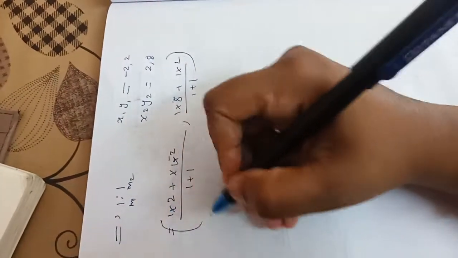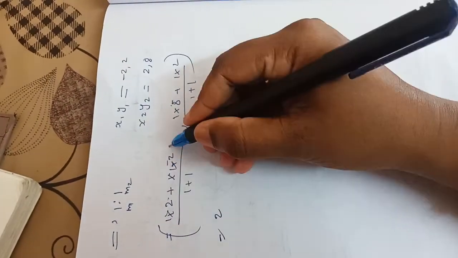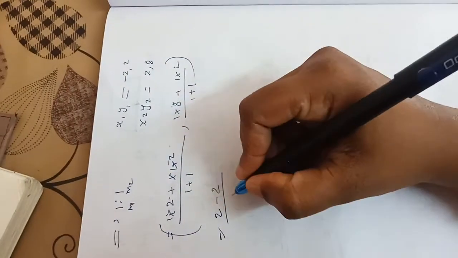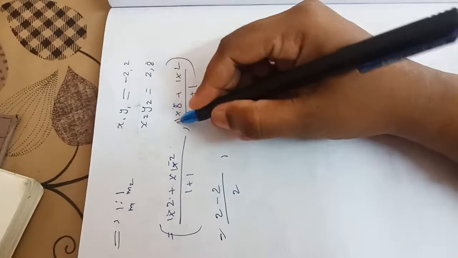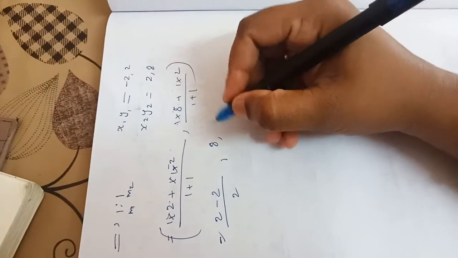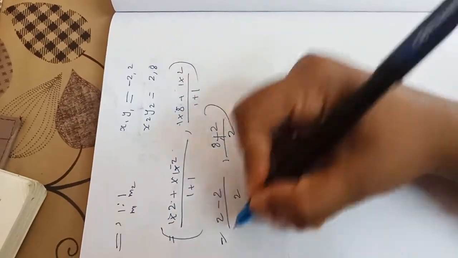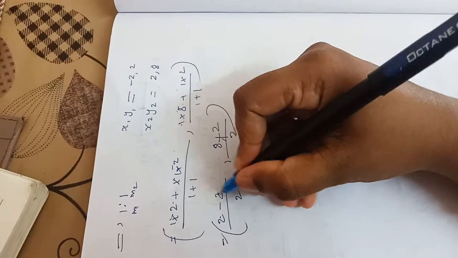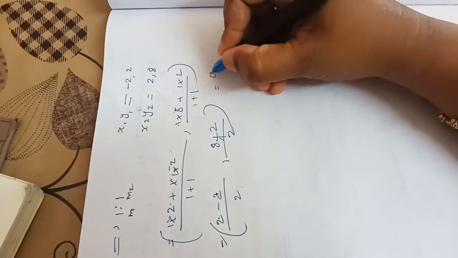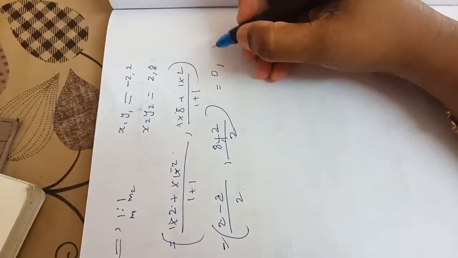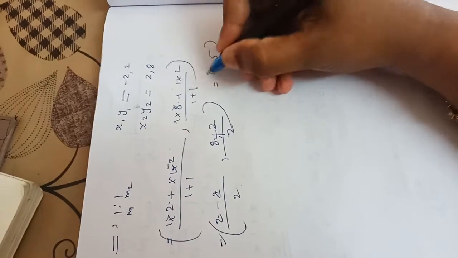Simplifying, 2 minus 2 is 0, 0 by 2 is 0. 8 plus 2 is 10, 10 by 2 is 5. So 0 comma 5 is the next point Q. Now we got the second point.